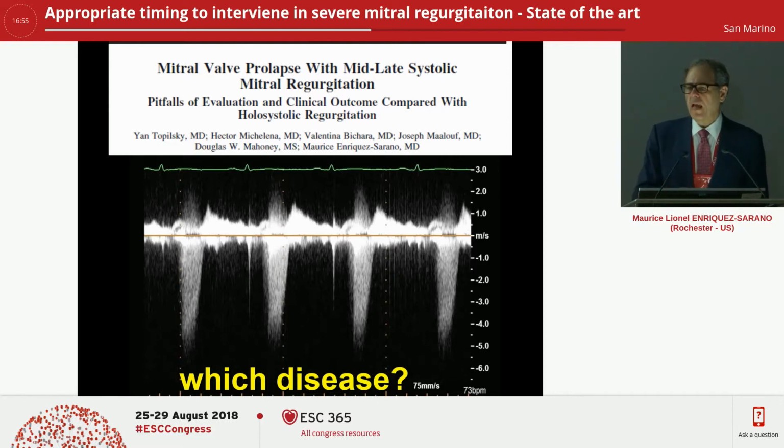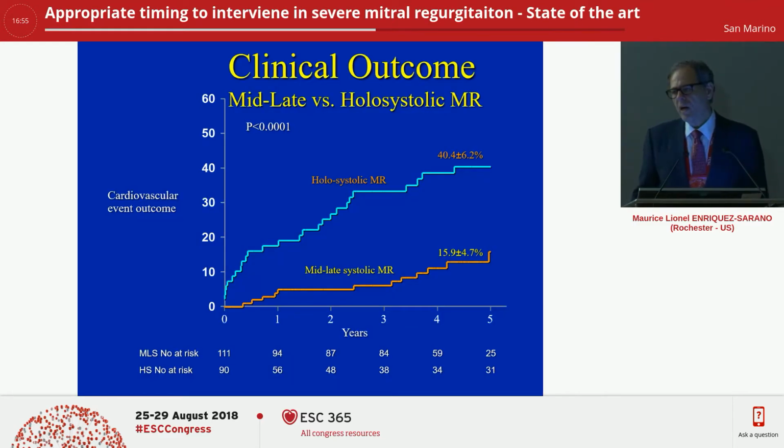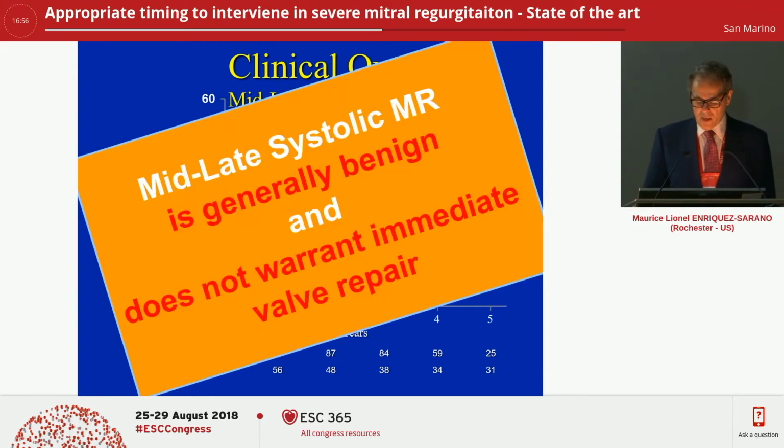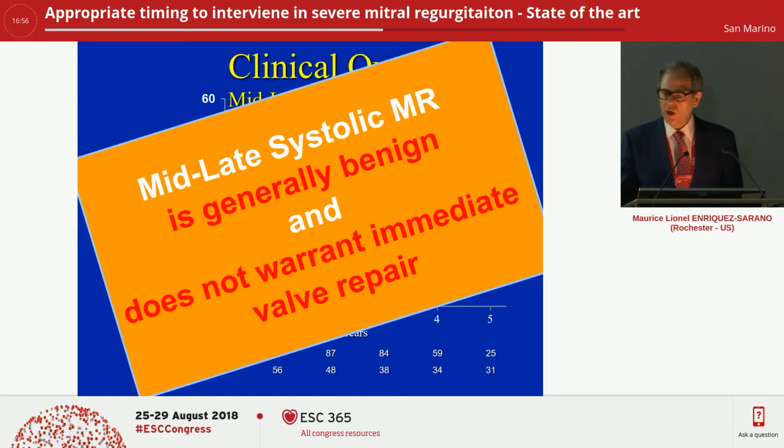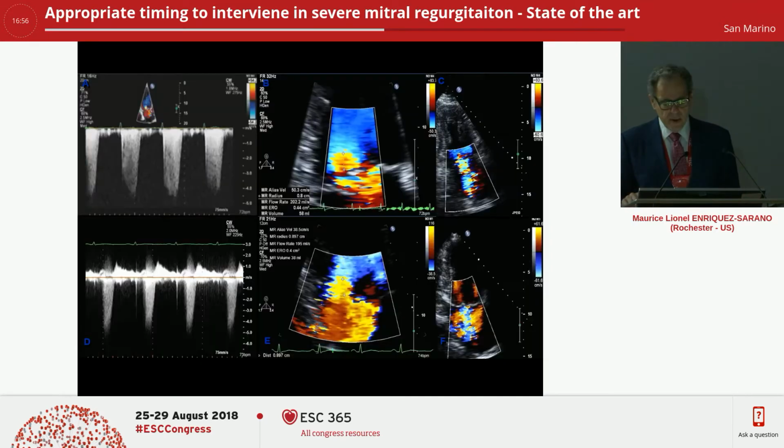This is mid-late systolic mitral regurgitation. You see that the signal of MR does not occupy the entire systole, and these patients generally have a benign outcome. It's the orange curve. They have few complications, and these patients generally don't need to be referred, and they do not warrant immediate repair.